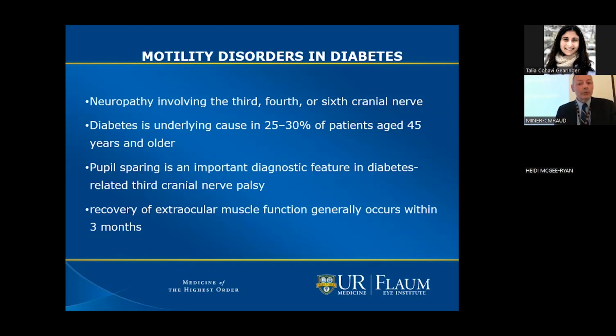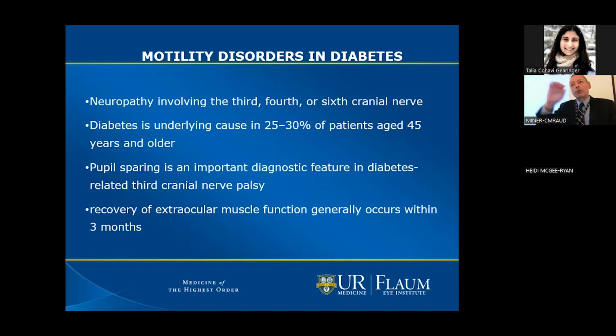So typically we'll see a 3rd, 4th, or 6th cranial nerve palsy. The eye will be in different directions of gaze depending on what's involved and which eye is involved. But diabetes is the underlying cause in more than a quarter of these in patients that are 45 years and older. So when patients come in complaining of sudden onset diplopia, it's something that's got to be foremost in our mind: is that potentially diabetes that's contributing to that?